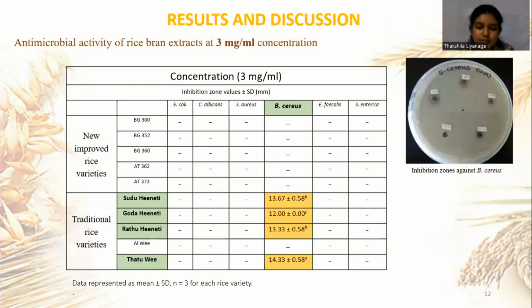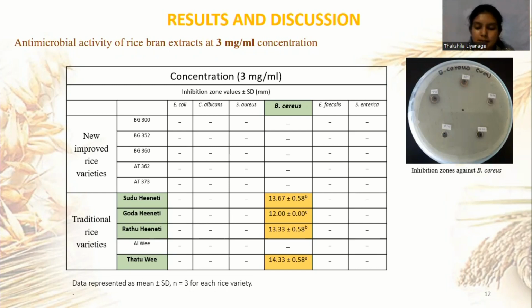Let's talk about the results and discussion. At the 3 mg per milliliter concentration, none of the new improved rice varieties had antimicrobial activity against any of the tested microorganisms, whereas, except LV, all other traditional rice varieties had antimicrobial activity only against Bacillus cereus, and for other organisms there was no activity.